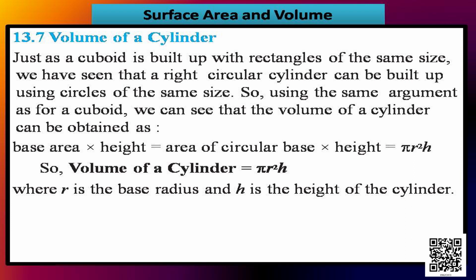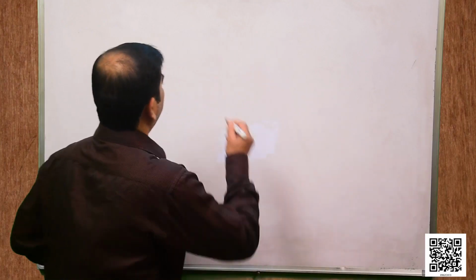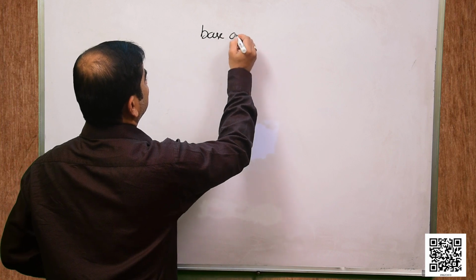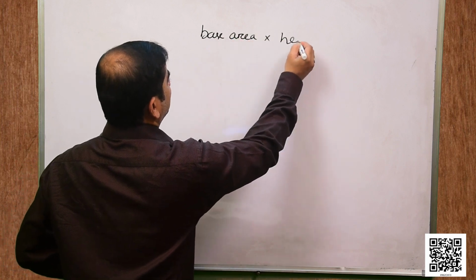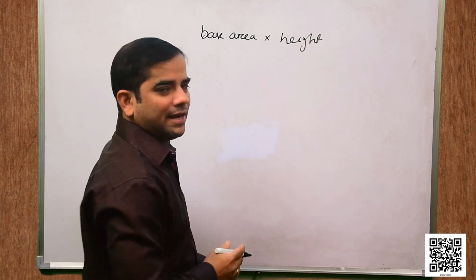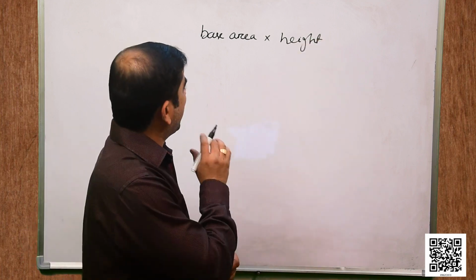Let us now discuss the volume of a cylinder. Just as a cuboid is built up with rectangles of the same size, we have seen that a right circular cylinder can be built up using circles of the same size. So using the same argument as for a cuboid, we can see that the volume of a cylinder can be obtained as base area into height, because they are of the same size.